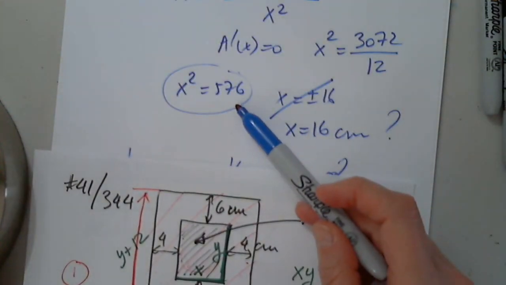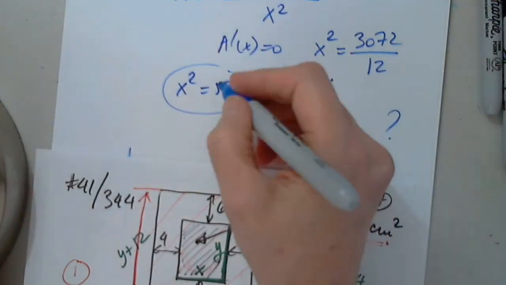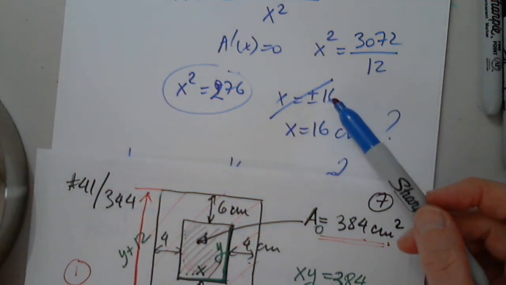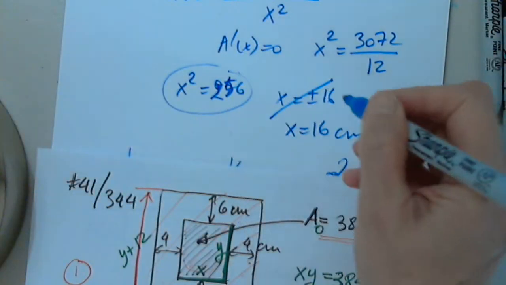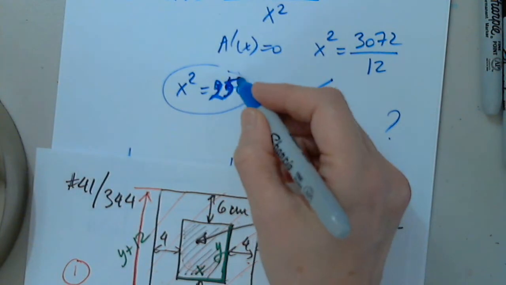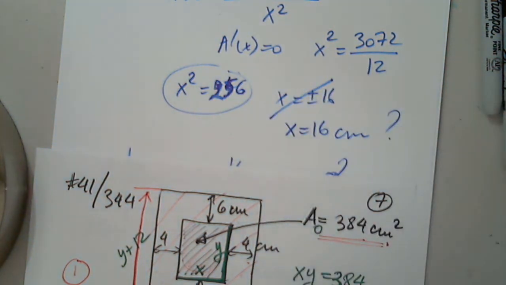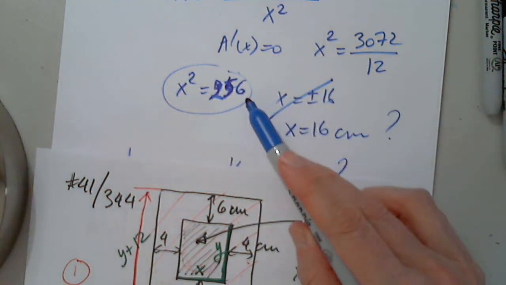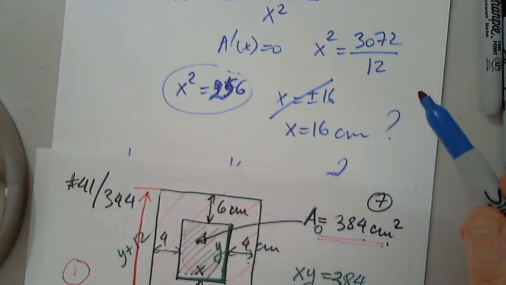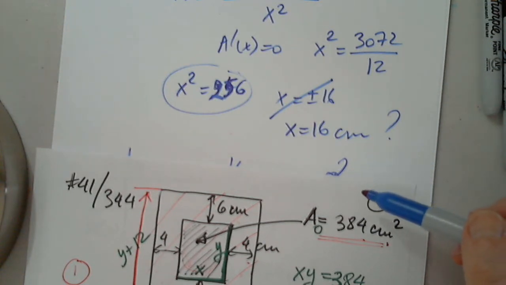So when I divided 3072... Oh, 256. I'm sorry. And then that's 16. Yes. Thank you so much. And that's 16. Am I correct? Was this the only error? You're correct. I'm wrong. Was this the only error? I believe so. Okay, let me know if there is anything else.